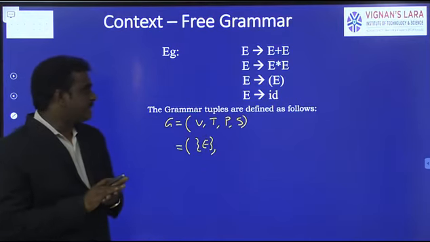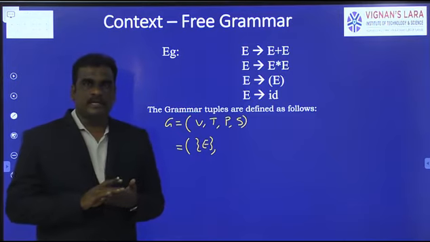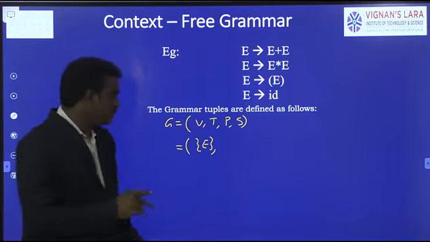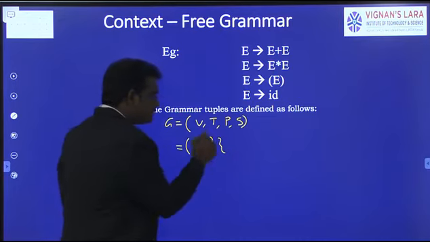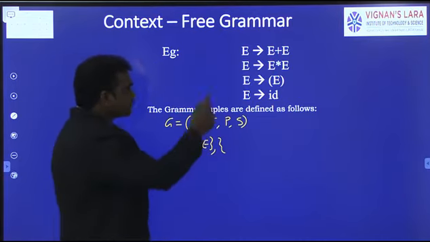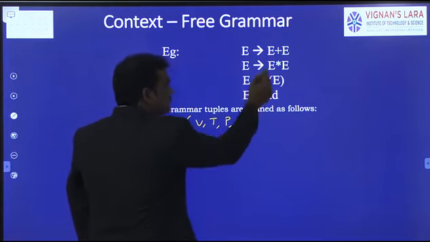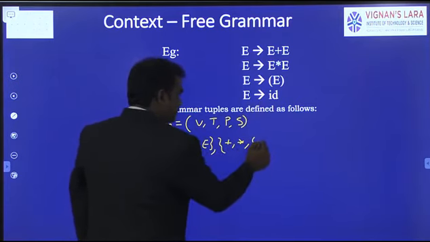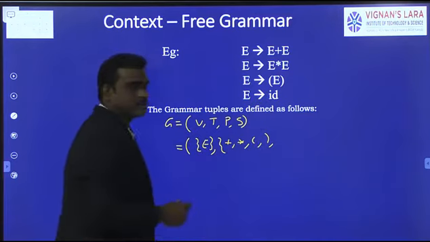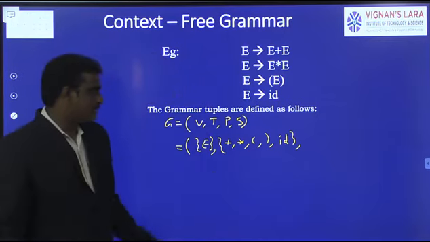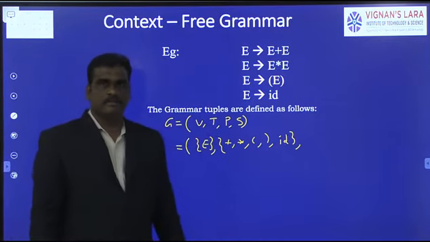So how to define a terminal: the lowercase letters, digits, special symbols are terminals. So here in this example, the terminals are plus, star, open parenthesis, closed parenthesis, and then ID. So these are the terminal symbols.